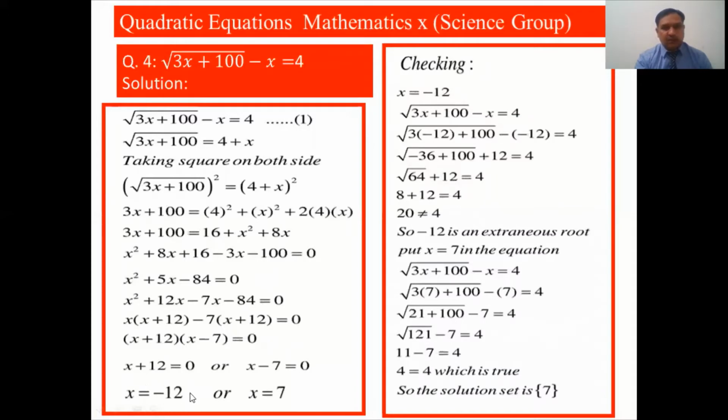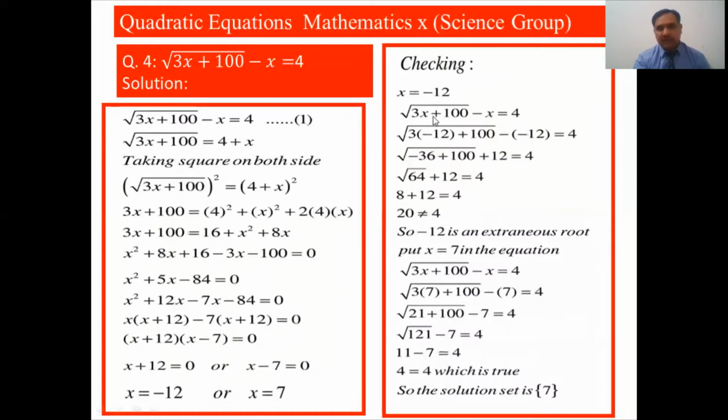Here x is equal to minus 12, and here we have x is equal to 7. Now we have to check whether these solutions satisfy the radical equation or not. So let's put x is equal to minus 12 in the given equation 1.